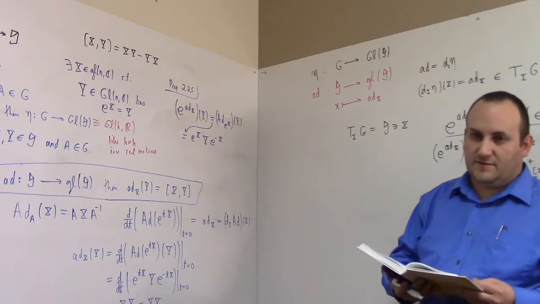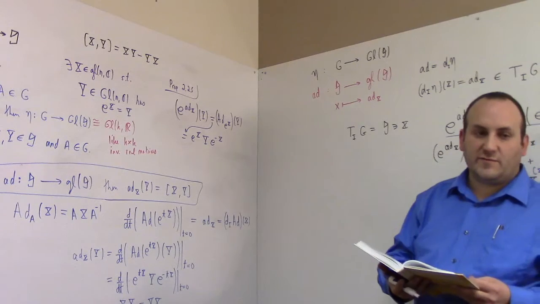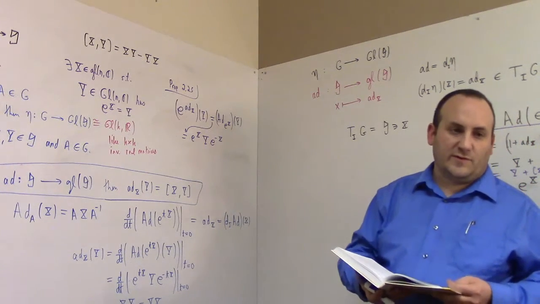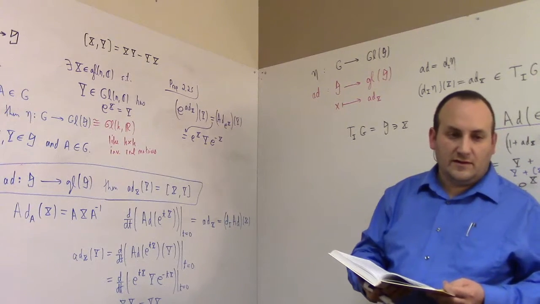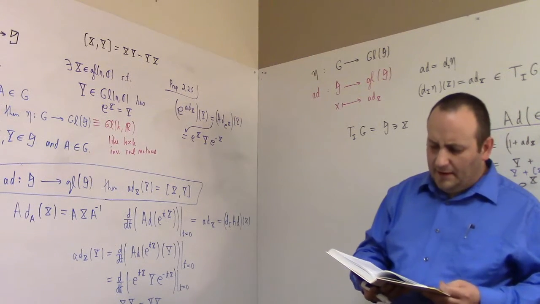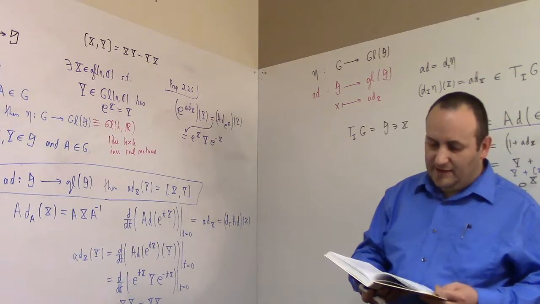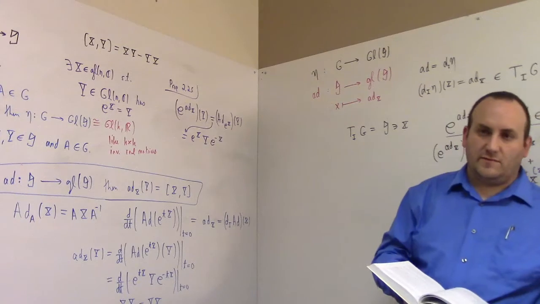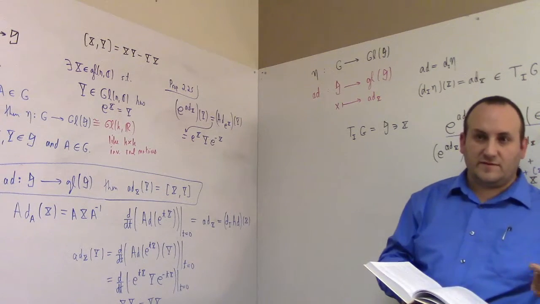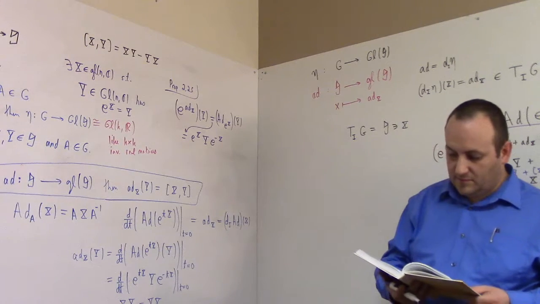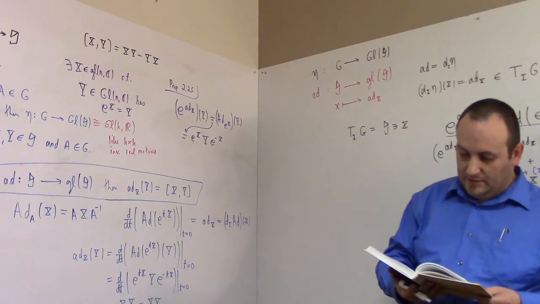Because we worked out before that the Lie algebra of SL2 is the set of traceless matrices. Because the determinant is 1, it forces the trace to be 0, when we look at the curve through the identity. So he gives an explicit proof that the exponential from little sl2, the set of traceless matrices, does not map onto big SL2, the Lie group.